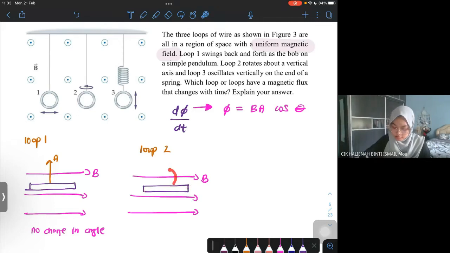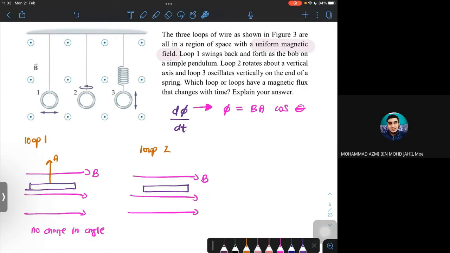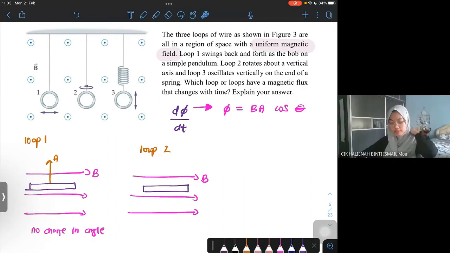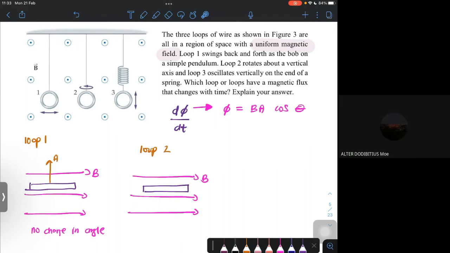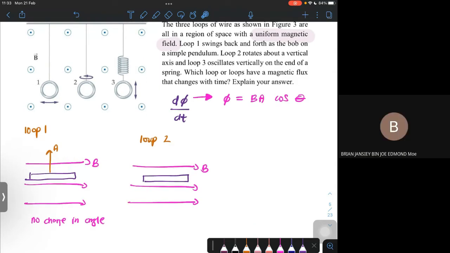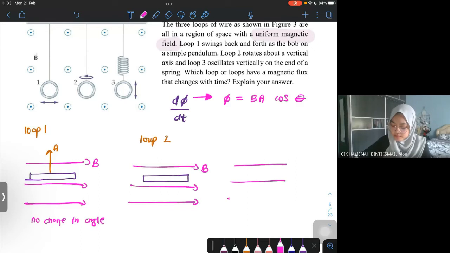Maksudnya dia akan pusing macam ni. So apabila dia pusing, it doesn't matter lah which one, clockwise or anti-clockwise. Apabila dia pusing, is there a change in the angle? Think ada. Macam ada. Okay, macam mana kita tahu ada ke tidak?